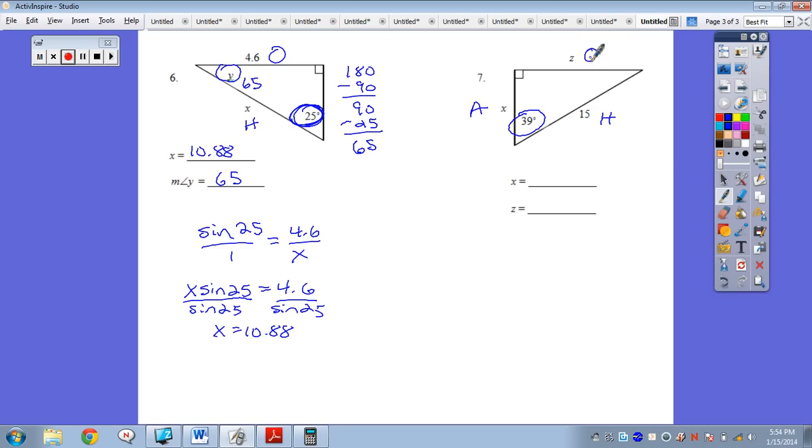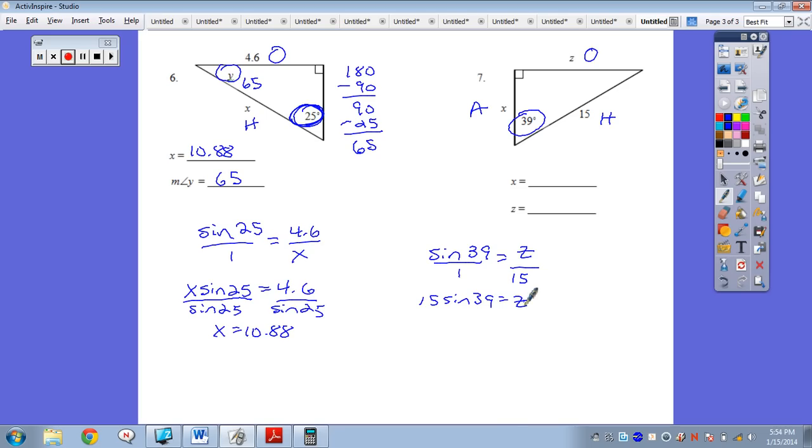You've got the opposite side you're looking for, and you've got the hypotenuse, so O and H. That trig function is sine, so sine of the angle over 1 is equal to the opposite side over your hypotenuse, which is 15. Again, you already have the angle, so you don't need to use the inverse. So you cross multiply. 15 times sine of 39 is equal to z.